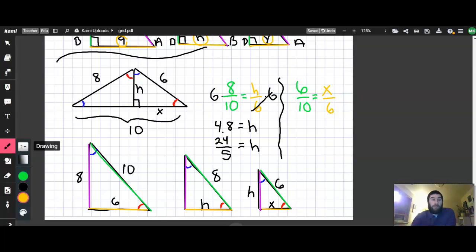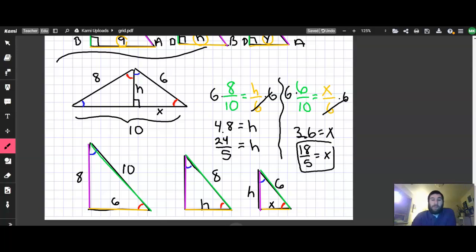And so now we're able to solve. Start by multiplying by 6 on both sides to undo division with multiplication. And what we end up with is 36 over 10, or 3.6, equal to x. And of course, we want to have that as a fraction more often than a decimal. So 36 over 10, when you go to reduce by 2, you end up with 18 fifths equal to x.